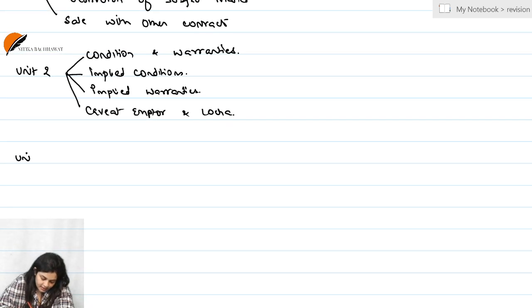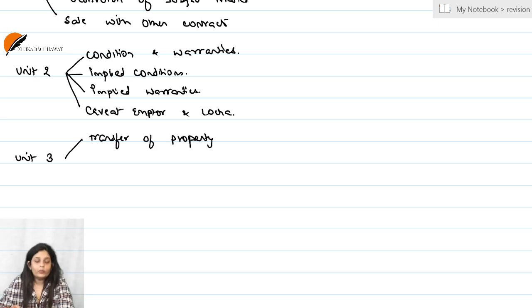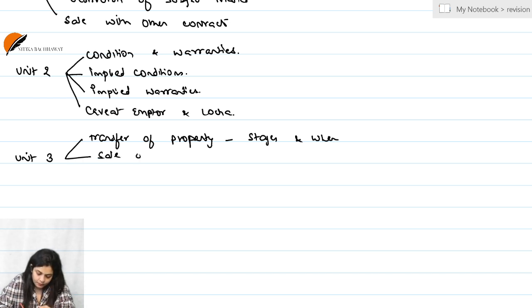Then we had started with Unit 3, where we had basically discussed the stages of transfer of property and when does transfer of property take place. Then we had discussed sale on approval or sale or return basis.